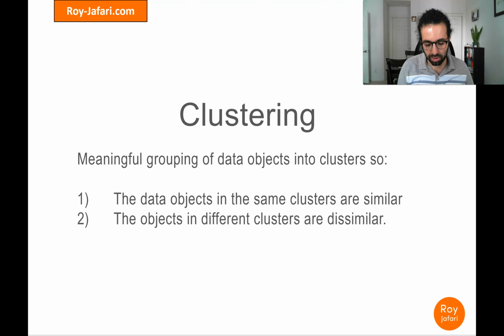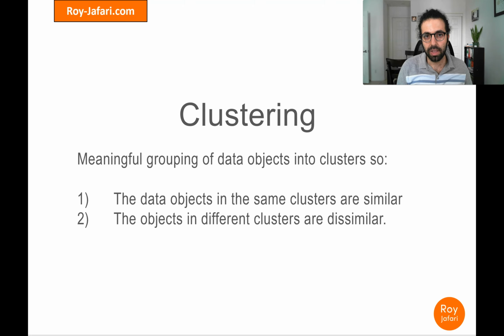So in clustering, we try to create groups of data objects that are similar to one another, and these data objects that are grouped together are very different from the rest of the population and the other clusters. So that's the agenda in clustering.